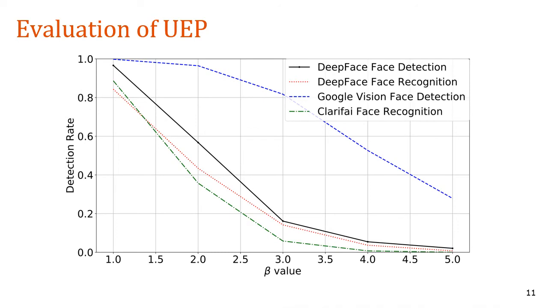As you can see, we evaluated our UEP for different beta values, and for beta equal to 3, the transferability is high, and we can fool face recognition models very well. We found that fooling the face detection models is really hard, but as long as we can fool face recognition models, we can provide some level of privacy.